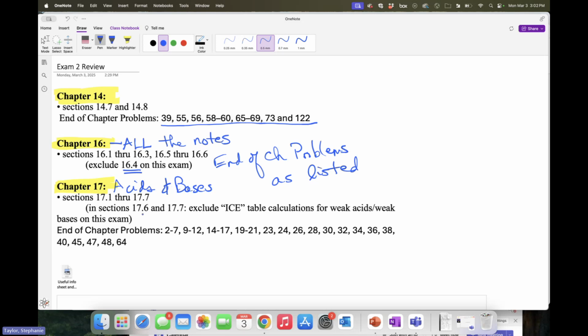So basically where we stop in the book, it says through 17.7, but really what that is going to include is 17.6 and 17.7. It says to exclude the ice table calculations for weak acids, weak bases for this exam.